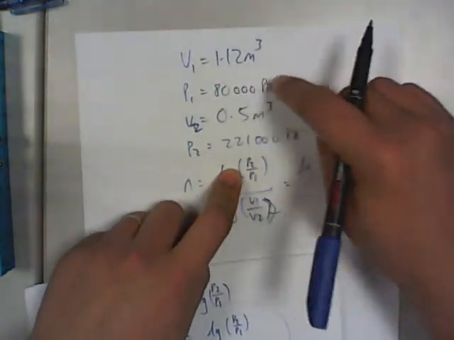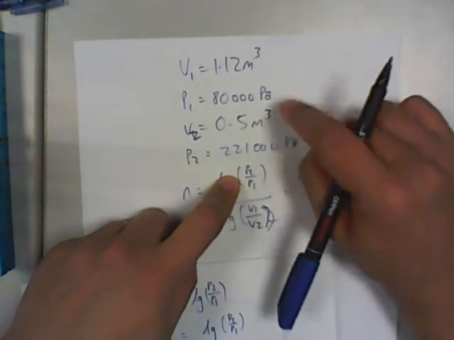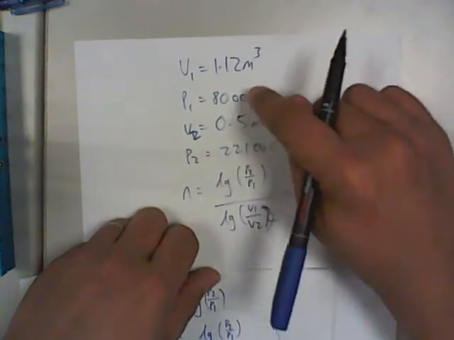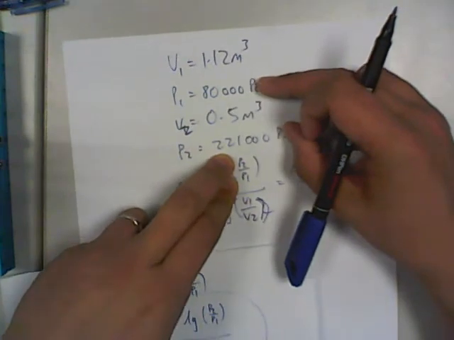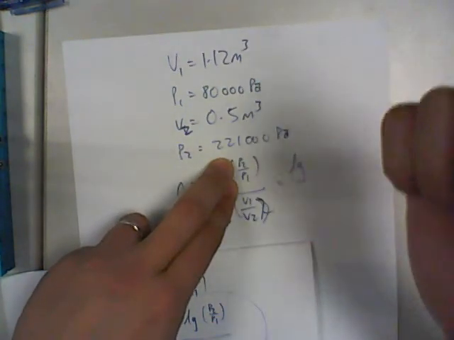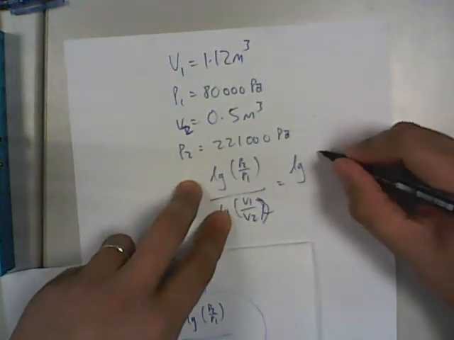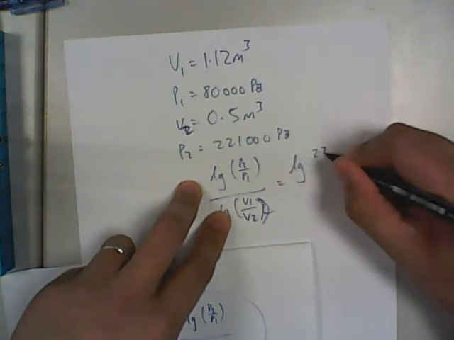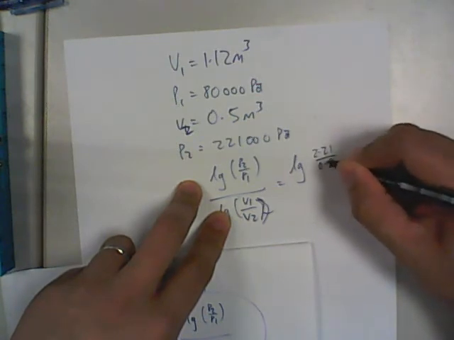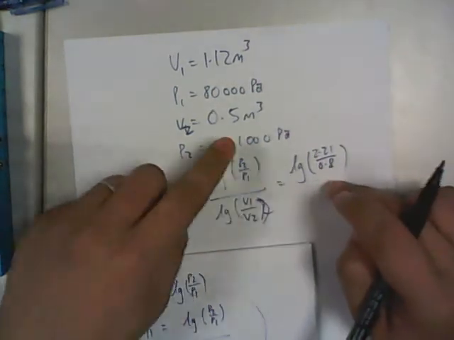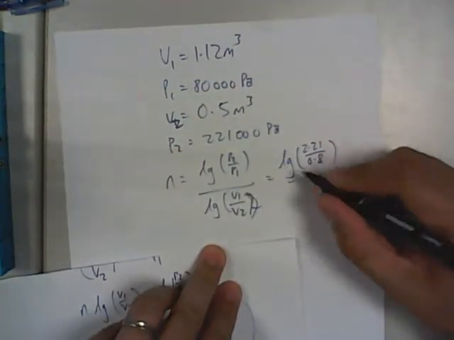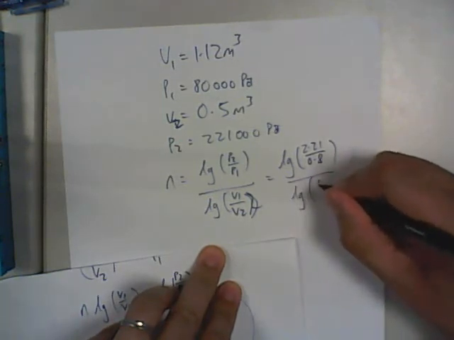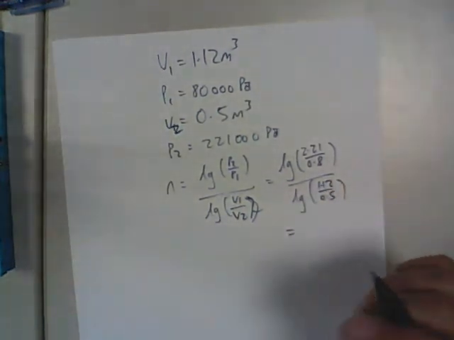You see I always tend to write in SI units, but if you are looking at a ratio of two pressures, you don't actually need to write in Pascal. You can express in bars because it's just a ratio between two pressures. So I can write this 2.21 divided by 0.8, because you know that this divided by this will be this divided by this. They are the same. Log V1 over V2.